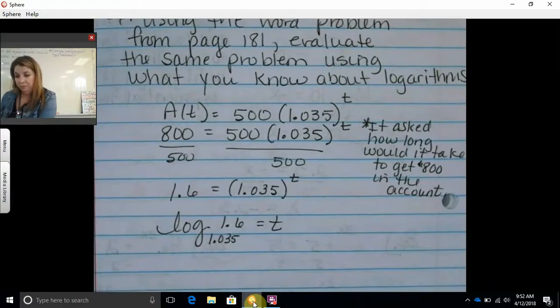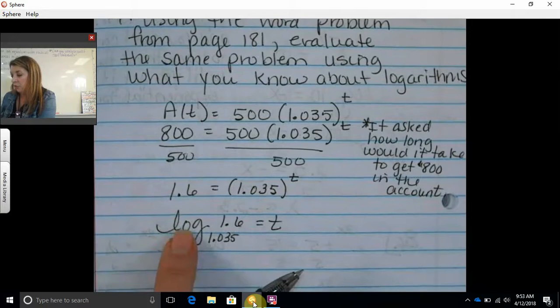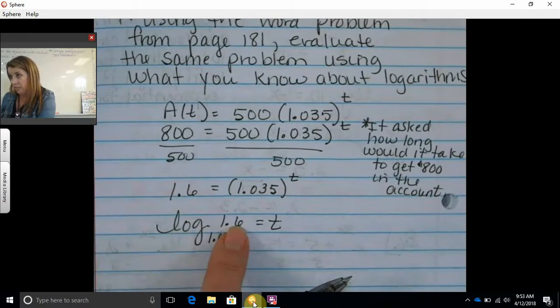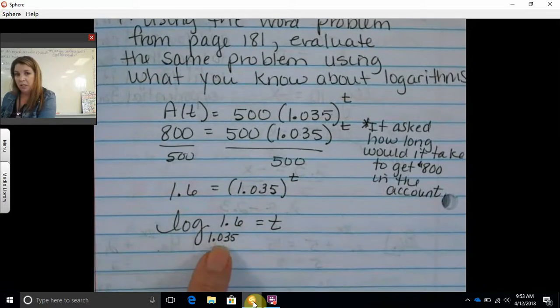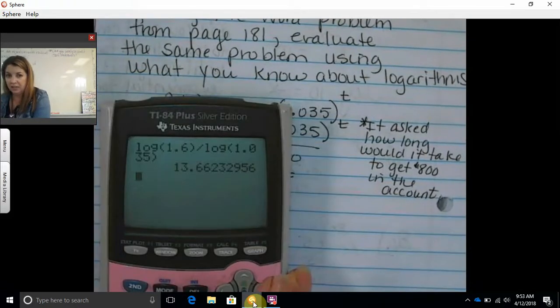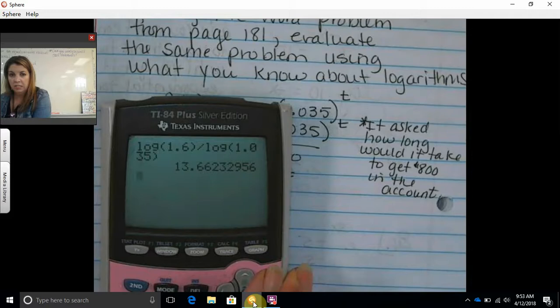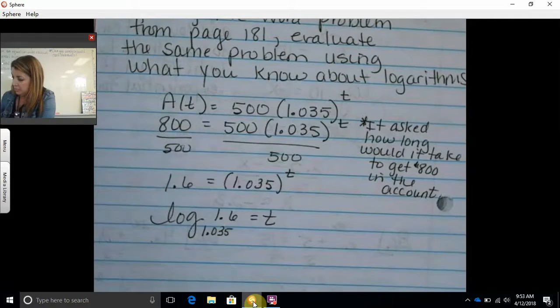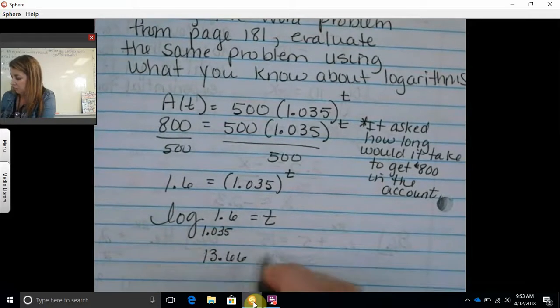What do we do now? Change of base. So remember, you have to do log of 1.6, close parentheses, divided by log of 1.035 in your calculator. You have to have a calculator for this. And so you get 13.66.